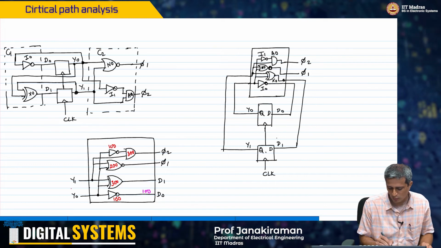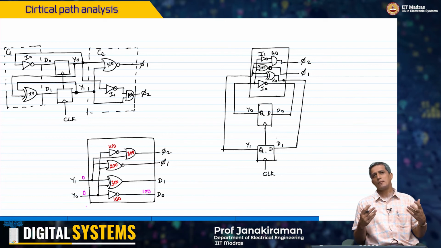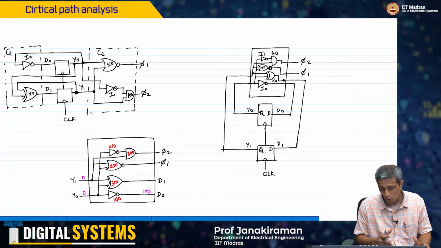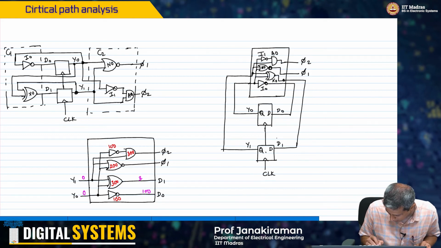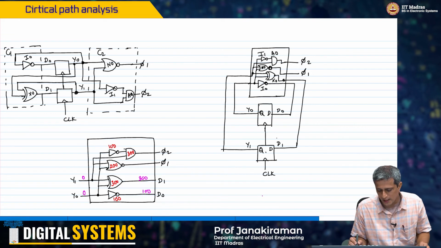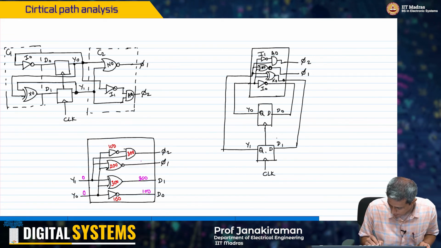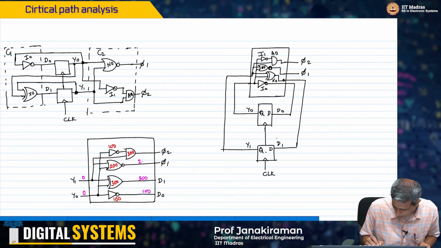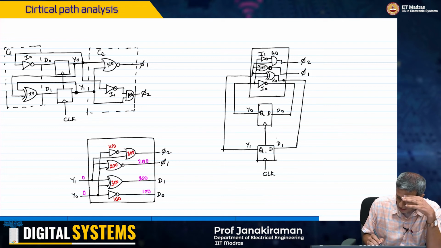Likewise, y0 and y1 both arrive at t equal to 0, therefore you take the maximum of their arrival time, which is 0, and then add the delay through the XOR gate, which is 300. You will get 300 picoseconds here. Likewise, if you do the same thing for the NOR gate N0, phi 1 will stabilize after 200 picoseconds.